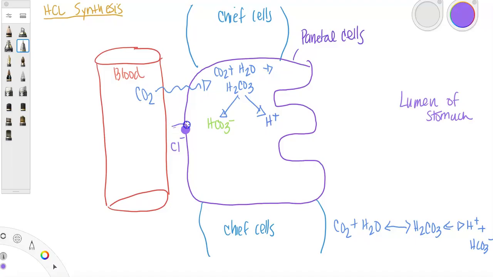So chloride comes in and bicarbonate goes out. And it goes into the blood. Okay? So it does this so that the chloride can come and be shuttled out.